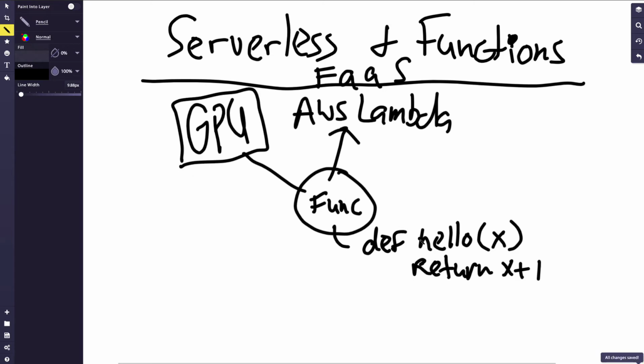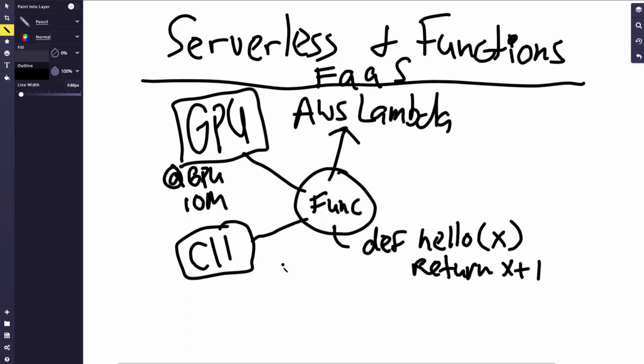You can just have a function, and you can attach, let's say, a decorator on top that says essentially use a GPU, and then now you can dispatch this function and run it, let's say 10 million times very quickly across a GPU cluster. And it's just that function. And all you did was put a decorator on top. You also can build command line tools by just attaching a decorator on top of something. You can also build a web service. So you could build a Flask app, and it could, again, be just a function.